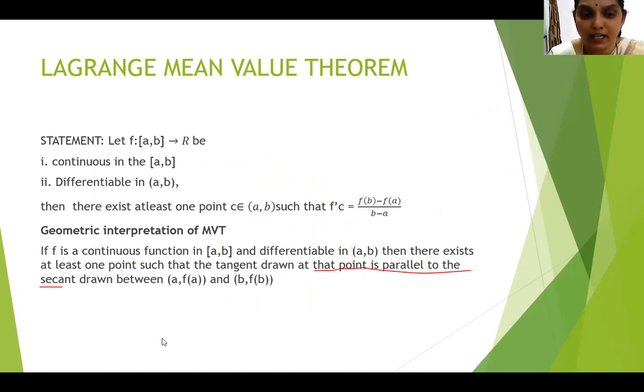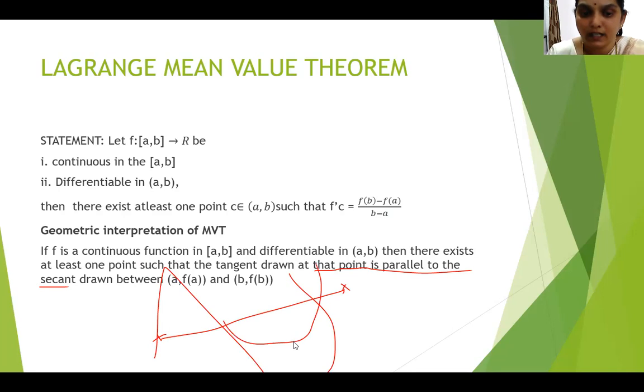Secant means the line joining A, f of A and B, f of B. Suppose these are the two end points, and our curve is moving like this. Then in between there may be a point C such that the tangent drawn at C is always parallel to the secant joining A, f of A and B, f of B.